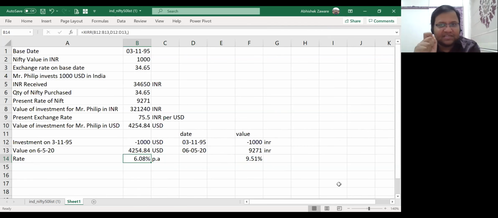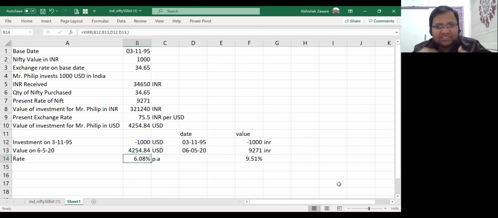So what concept should you learn? Note down the concept. If the Indian rupee depreciates, foreign investors earn lesser return than what Indian investors earn.